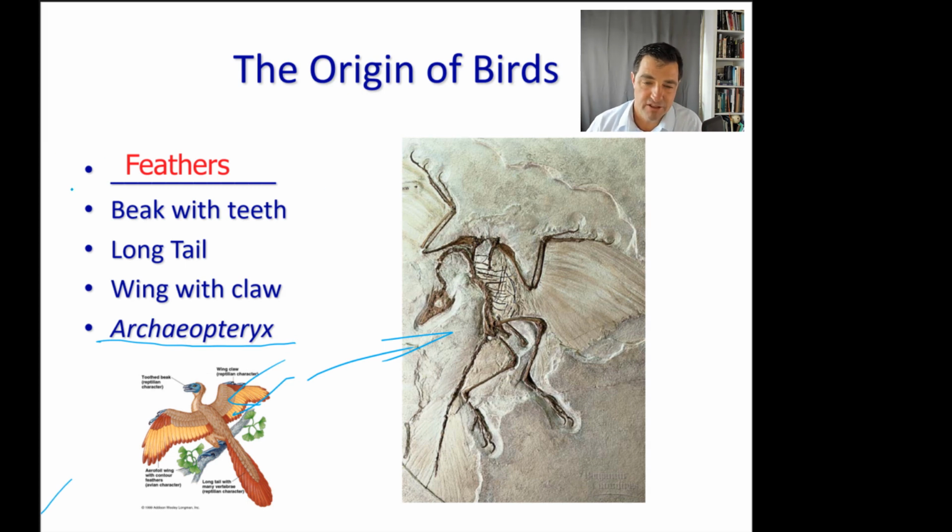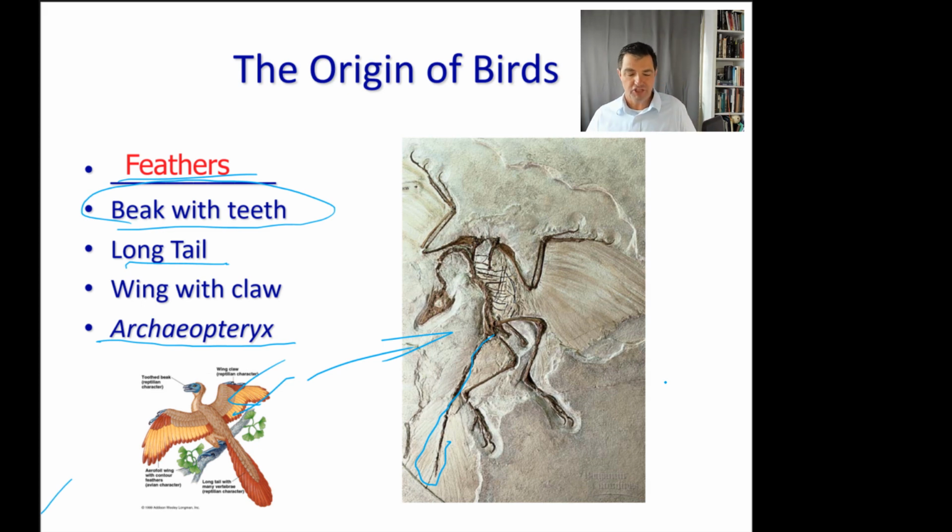It definitely has feathers on it. It has a beak with teeth on it, so that's kind of a reptile thing. It has a long tail as well, which is very much a reptile thing. So birds don't usually have a long bony tail like you see here. So those are reptile sort of characteristics, but it definitely has feathers.